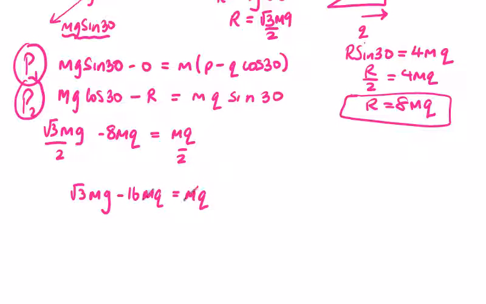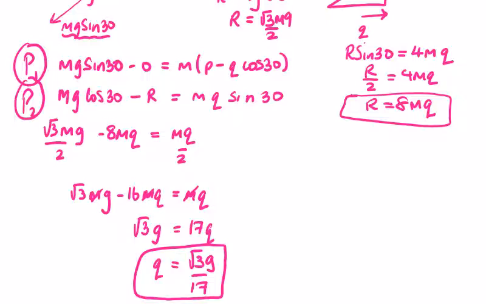I'm going to divide by m. I'm going to get 17q on the right hand side, q plus 16q. And on the left hand side, I'm going to get root 3g. So I want q, so q is equal to root 3g over 17.